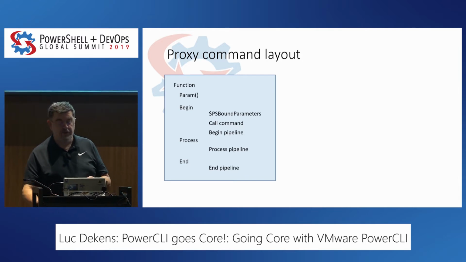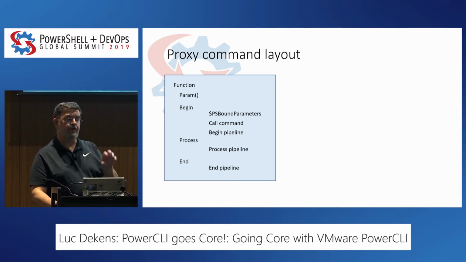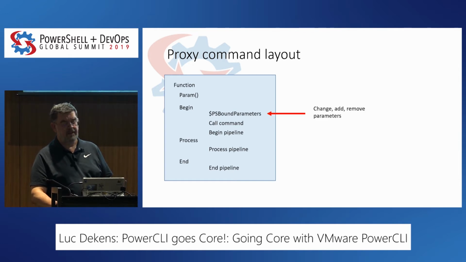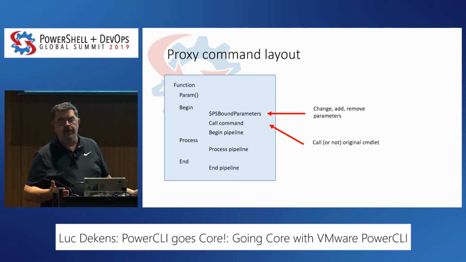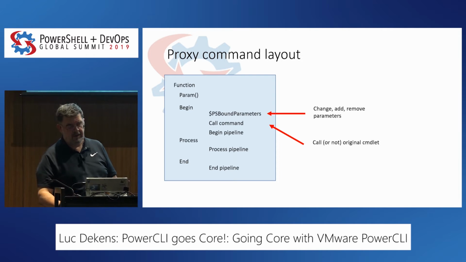Again, that's something that you don't necessarily have to do, but this is a good template to base those functions upon that you can use to replace commandlets. So, to summarize, with the PSBoundParameters we can change, add, or remove parameters. And with the call command, we can call it or not call it, and replace it completely with our own code.